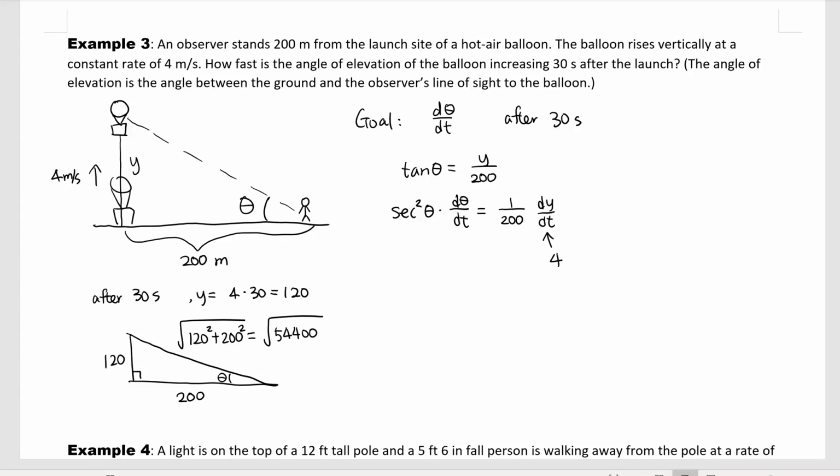So secant squared is hypotenuse squared, which is 54400, over adjacent squared. So d theta dt equals 1 over 200 times 4. Then one copy of the 200 cancels, and d theta dt equals 4 times 200 over 54400. Let me plug this into my calculator.